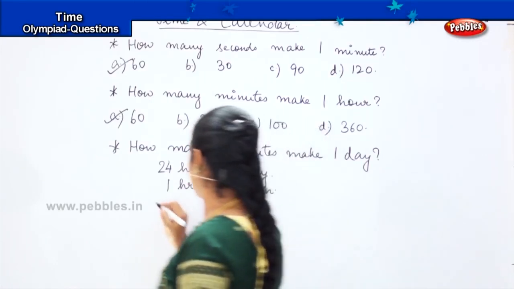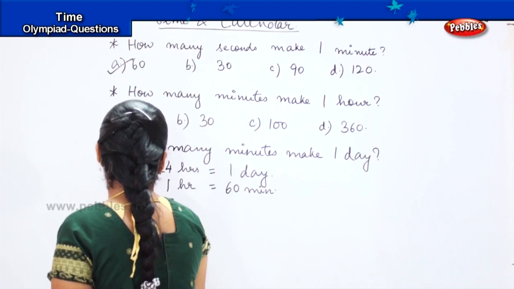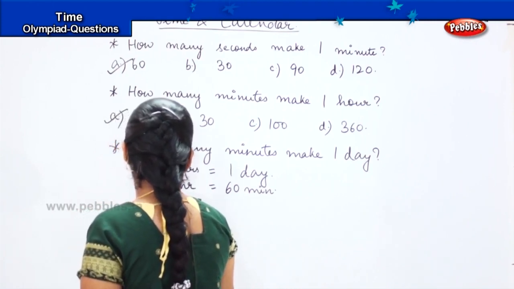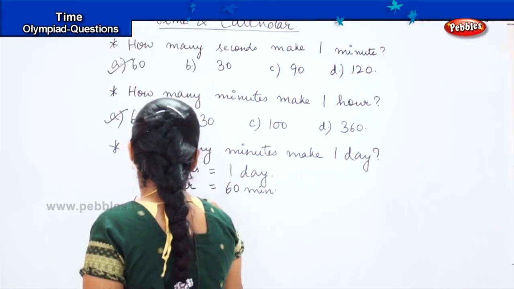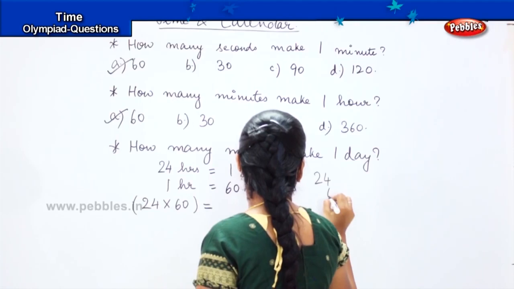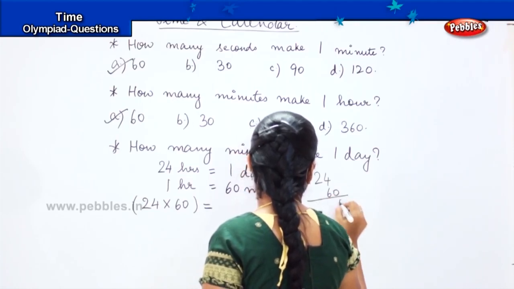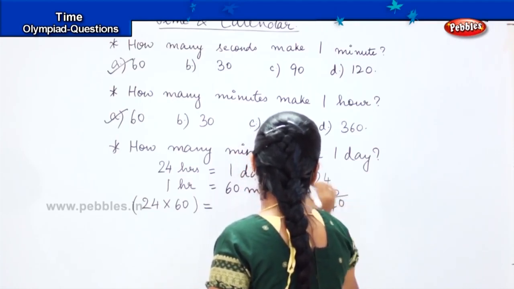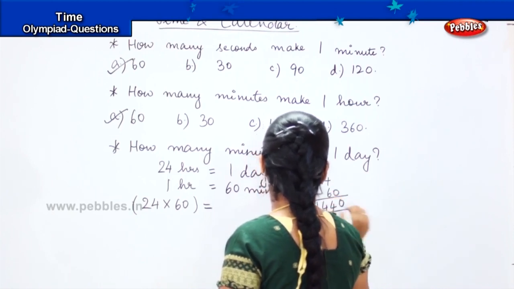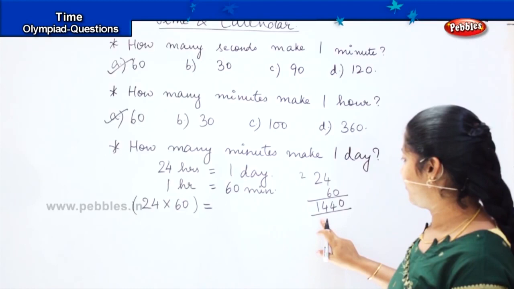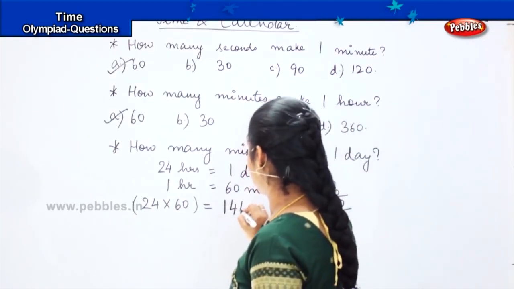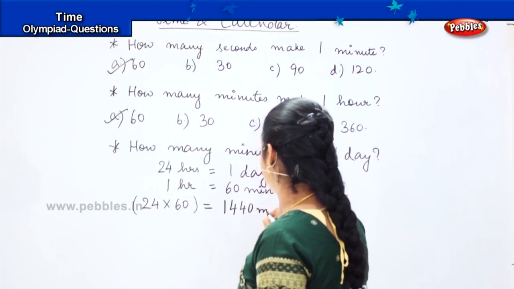So what we have to do is multiply. That is 24 into 60. 4 6s are 24, 2 6s are 12, 13, 14. So your answer will be 1440 minutes.